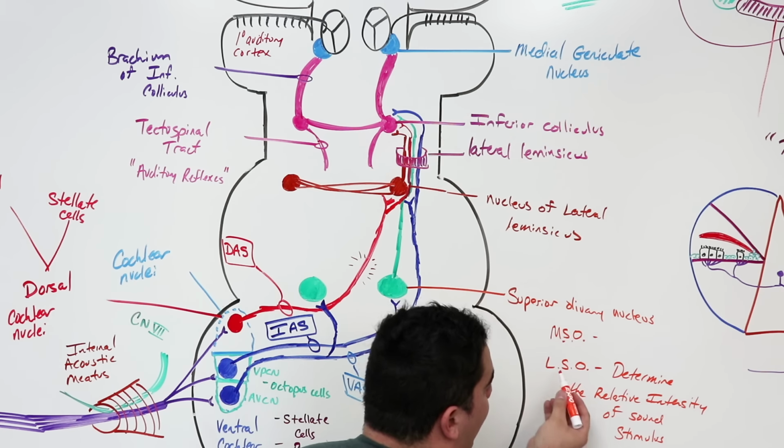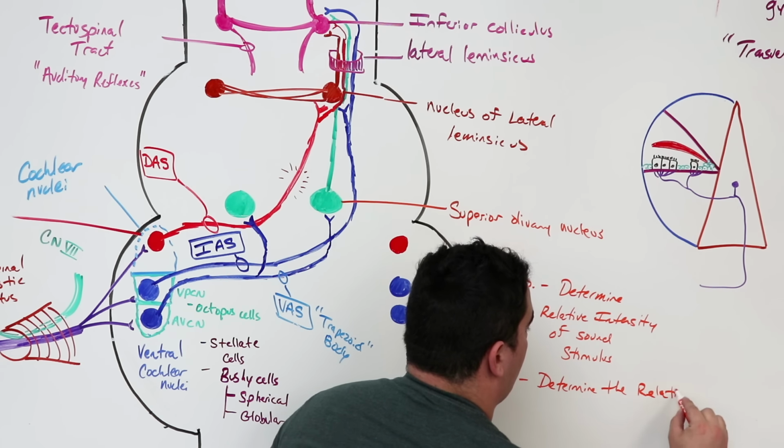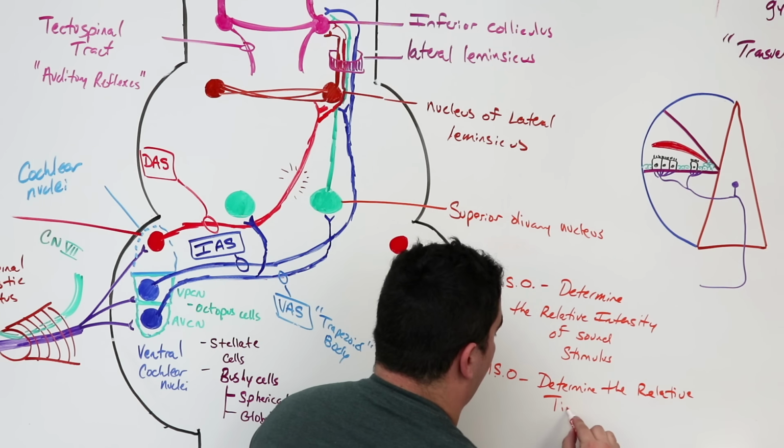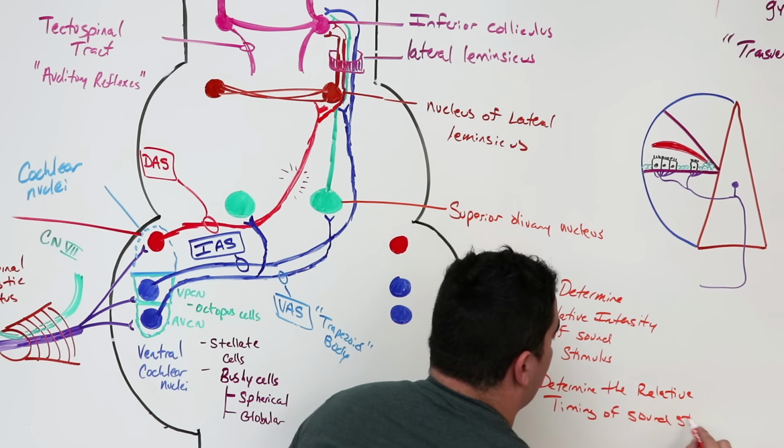The medial superior olivary nucleus plays a role in determining the relative timing of the sound stimulus. Okay. So now let me explain this because there's one more function that I want to mention for this guy.